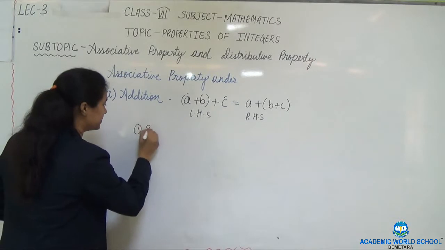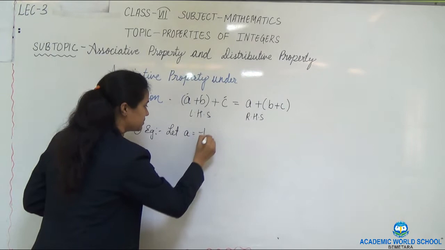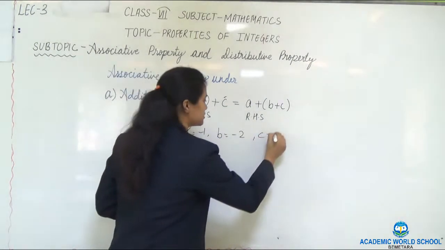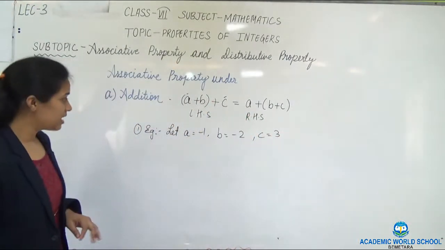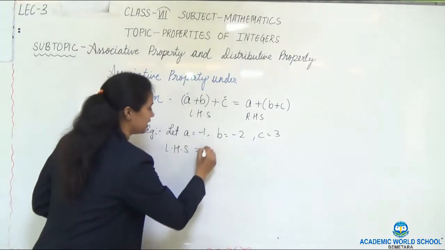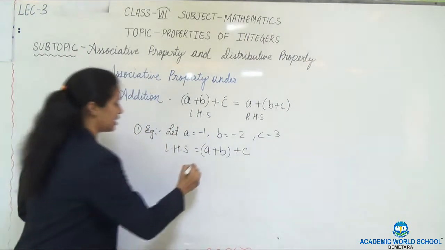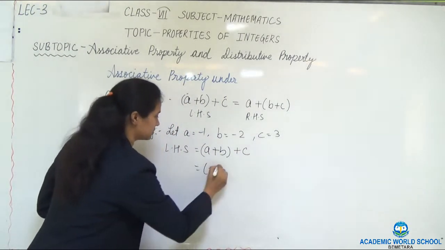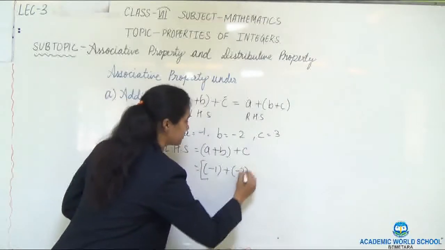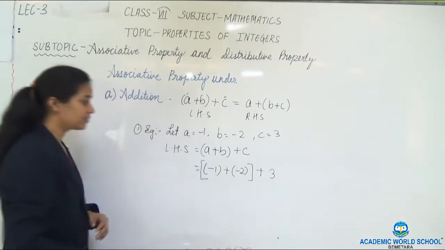So consider an example. Let A equals -1, B equals -2, C equals 3. Take the left hand side, that is (A plus B) plus C. Now (-1 plus -2) plus 3.